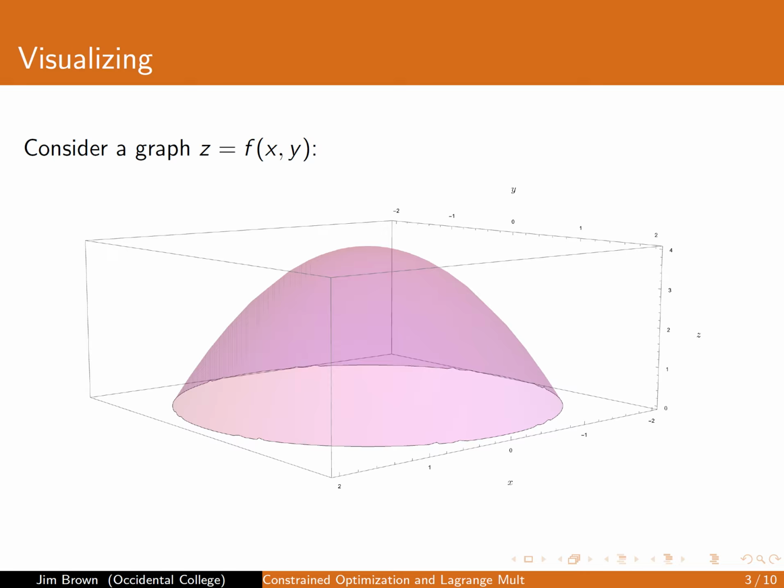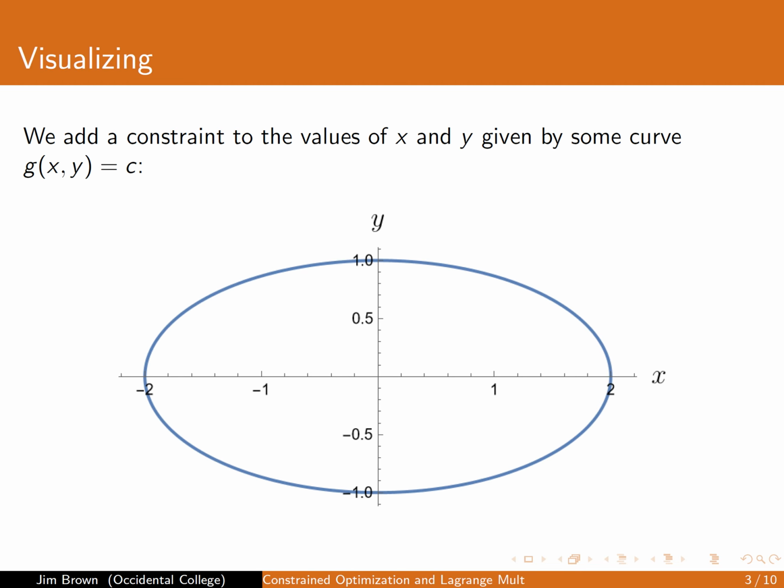But what we're interested in is what if we have constrained values that we can have for x and y? So maybe we have some curve, g of x y equals c, and in this case we're looking at an ellipse in the xy plane. So the only values of x and y we're allowed to consider have to be on this curve, so in this case, on this ellipse. Any other x and y's won't work for our problem.